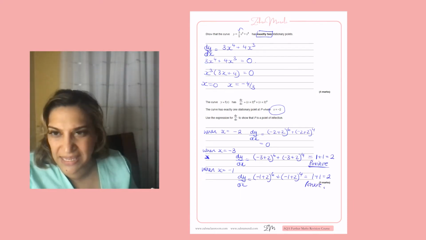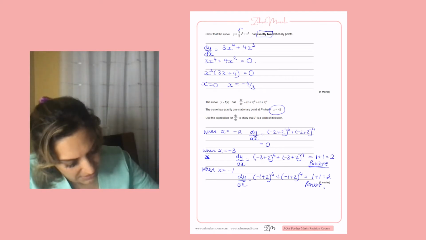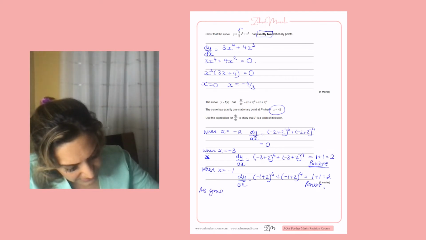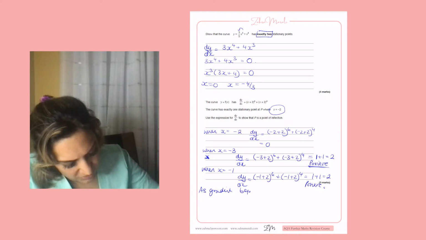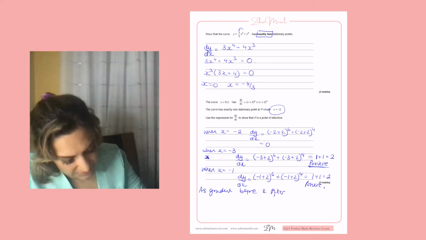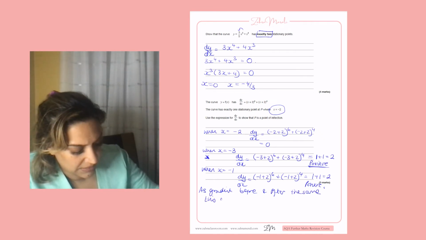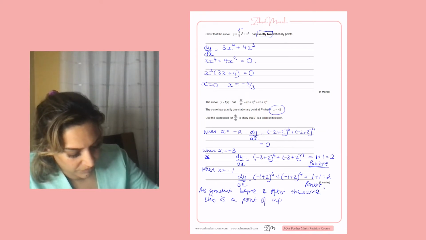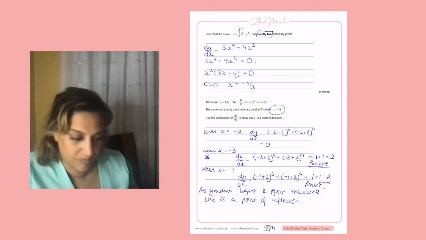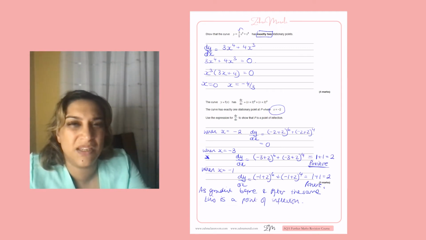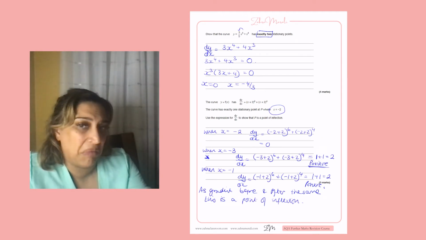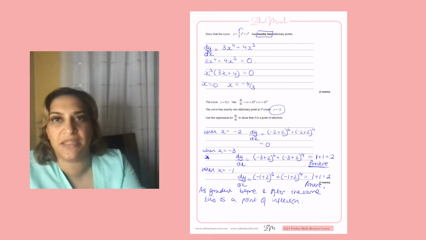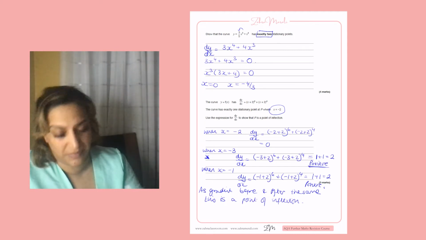And we could say as the gradient before and after is the same, this is a point of inflection. That would be your method to do that. There are some other methods you could use, but I think this one makes the most sense.